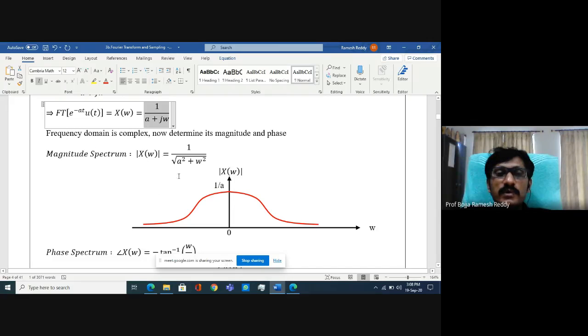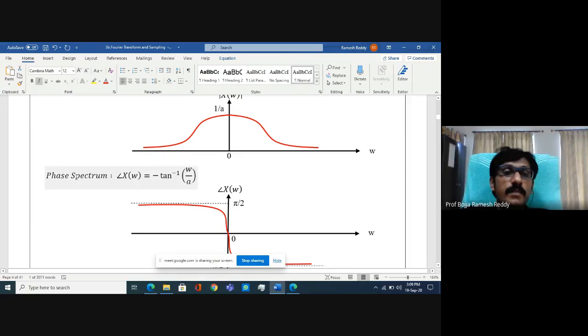Initially at omega is equal to minus infinity, also 0. Initially 0, increasing, and 1 by a is the maximum amplitude, after that decreasing. This is the magnitude spectrum of the given decaying exponential signal in the frequency domain, and its maximum amplitude is 1 by a, which occurs at omega is equal to 0.